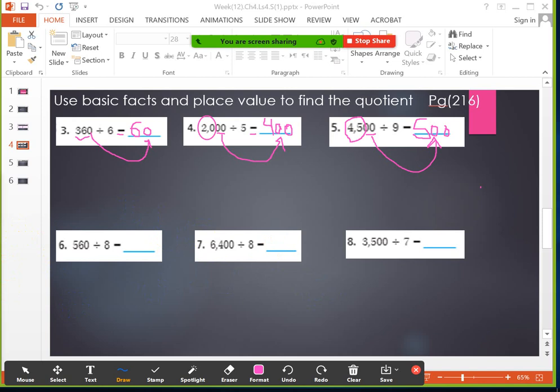Now, let's continue with number 6. Yes, Taline, open your mic. Now, I want to find the quotient here. The quotient is the answer for division. 560 divided by 8. What's the answer? Which number will I choose to divide by 8? I will choose 56. And divide 56 by 8. What's the number that I will multiply with 8?